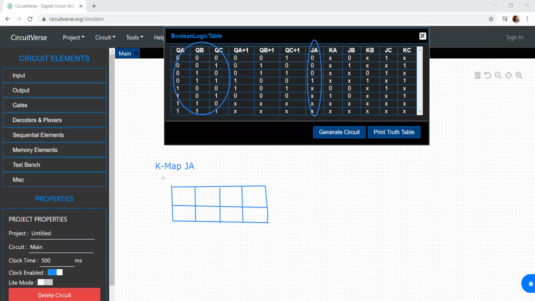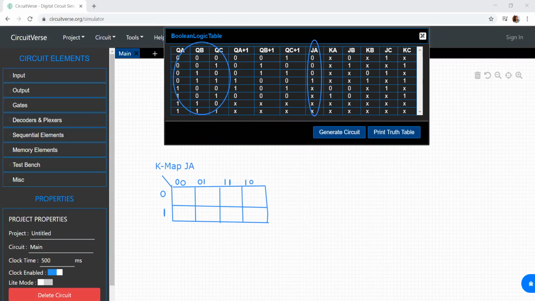I'm writing the K map for JA. So here I'll be having 0 and this is 1. Here I'll be having 0, 0. Next it is 0, 1. And here it is 1 and 1. And next it is 1 and 0.